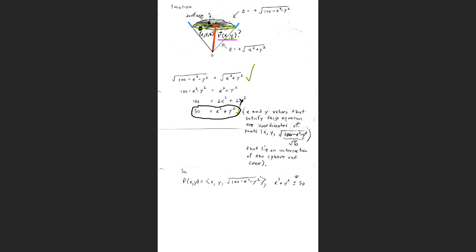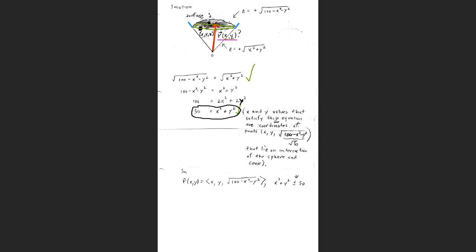This means the x and y values that satisfy the intersection equation are coordinates of points along the intersection.